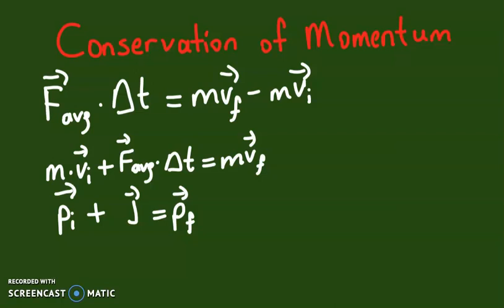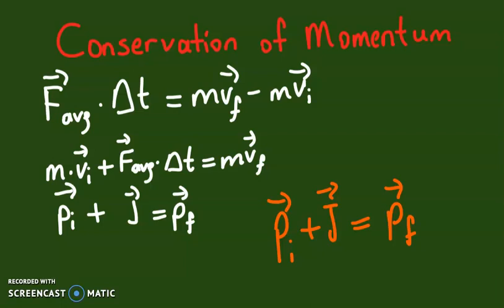I would like to write it here again: momentum initial, impulse, and momentum final. So if there is an impulse in a collision, then there is a change in momentum, then final momentum will be different.